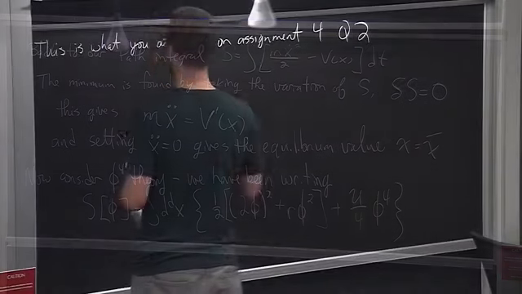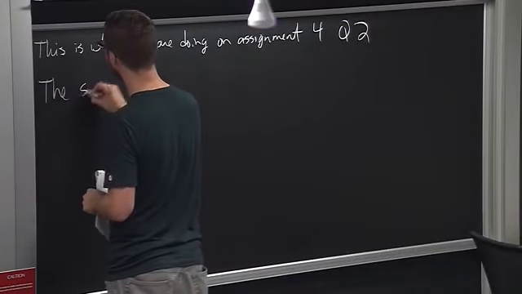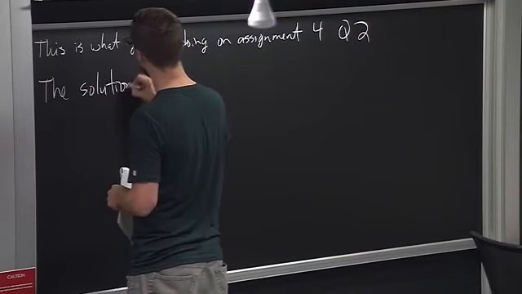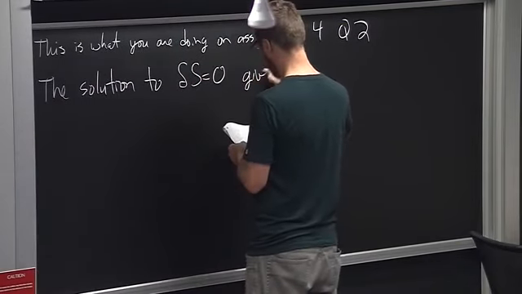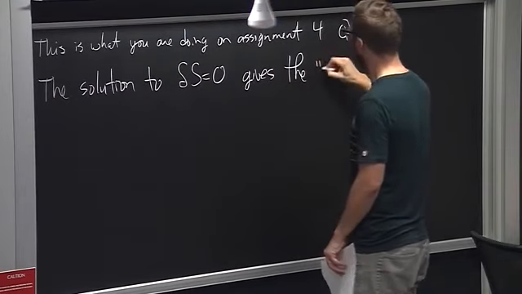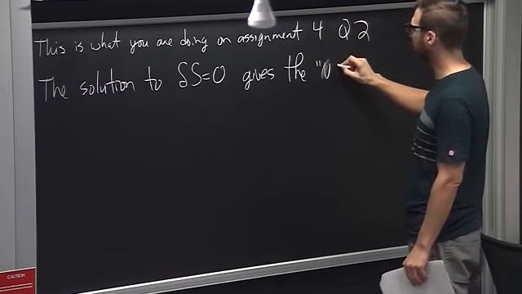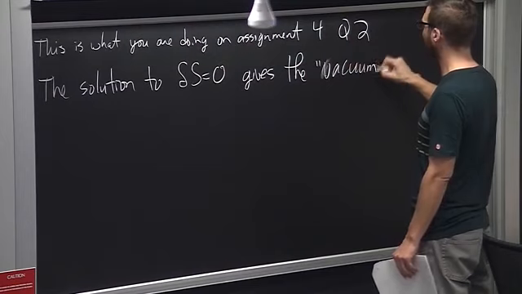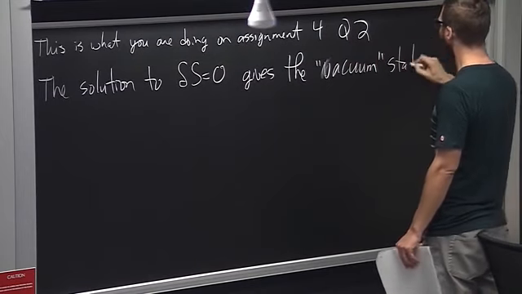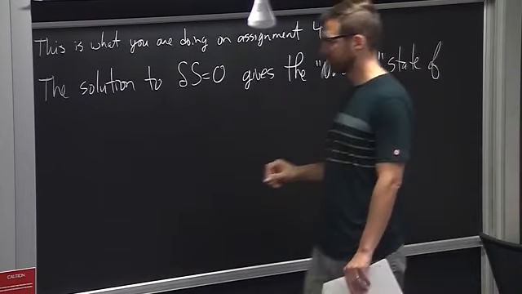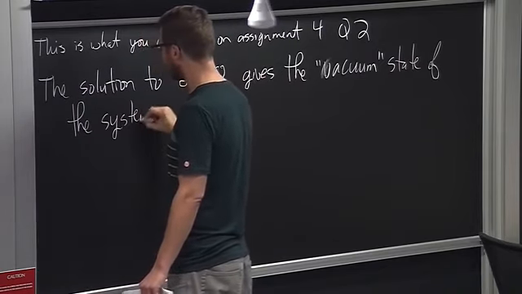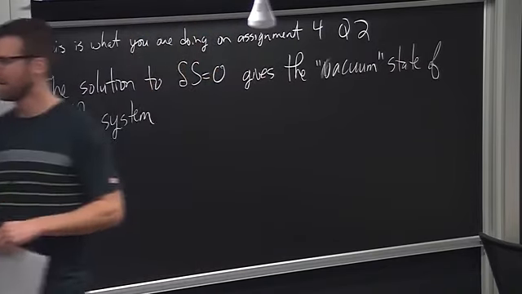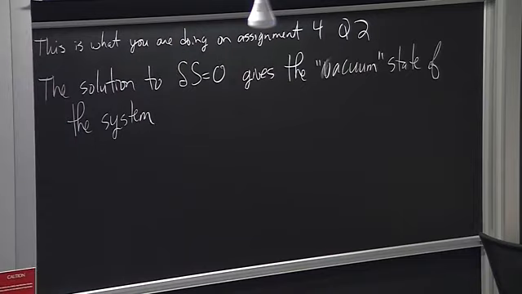So the solution to this equation gives the vacuum state of the system, which is just the value of the field corresponding to this minimum.